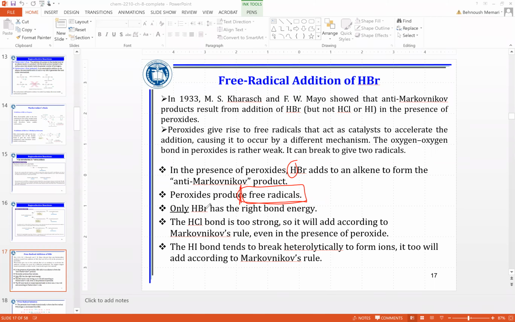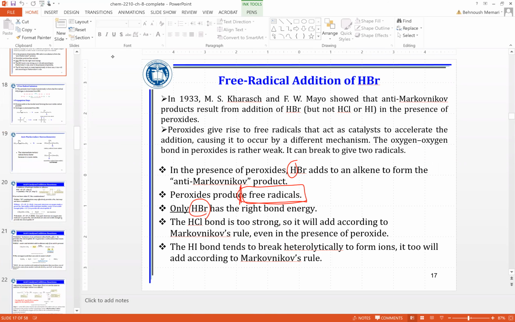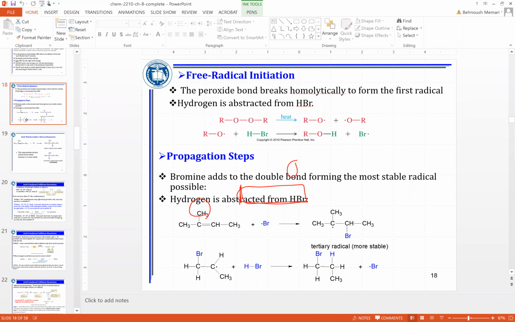So instead of bringing the HBr first, you are going to bring something that is going to create a free radical. Still, the idea is to have the most stable intermediate. So that's why last class I was emphasizing the formation of the intermediate, and how the stability of the intermediate is going to yield the major product.